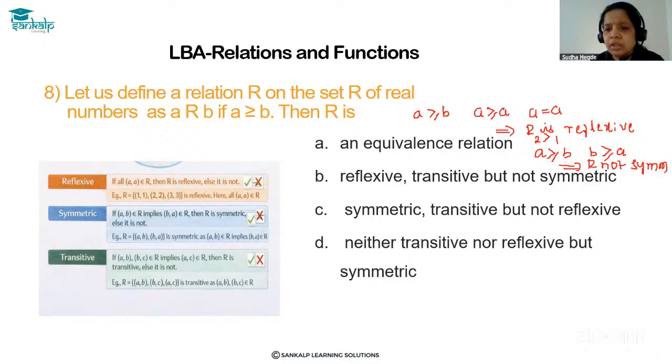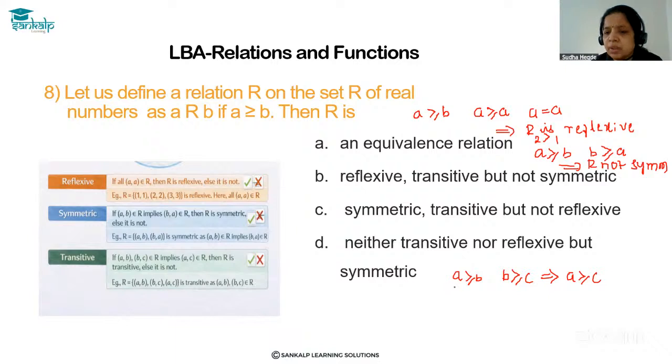R is not symmetric. If a is greater than or equal to b, and b is greater than or equal to c, then is it possible that a is greater than or equal to c?